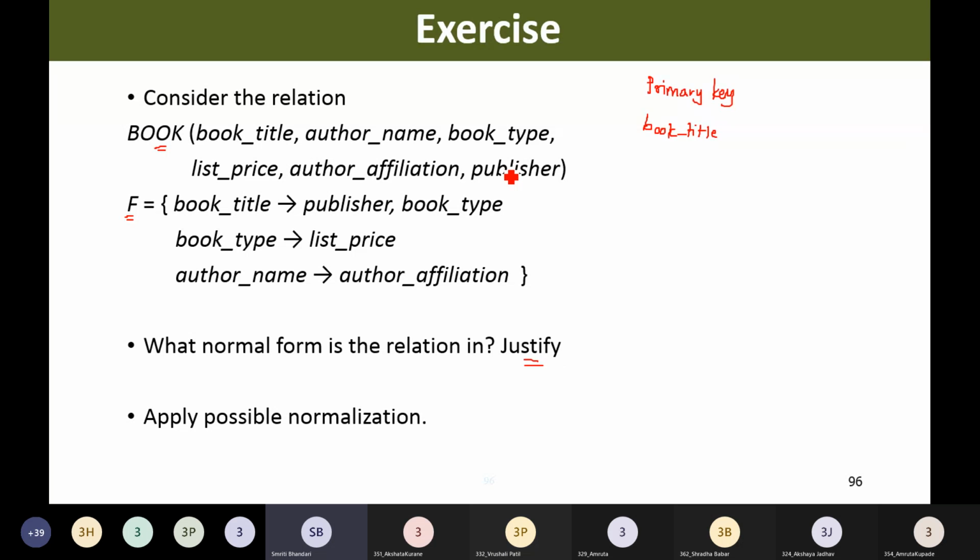Do you agree with me? Yes, ma'am. So let us check whether book title determines all the attributes in this relation. If we want to do so, we need to find the closure for this book title. Do you agree with me?